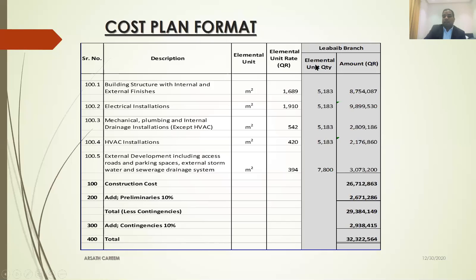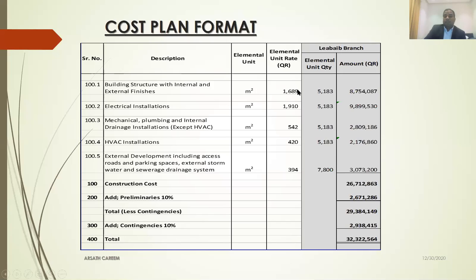This is the elemental unit quantity, meaning the total area of the building, and the elemental unit rate is 1689, which we derive from the preliminary estimate, which we discussed before.